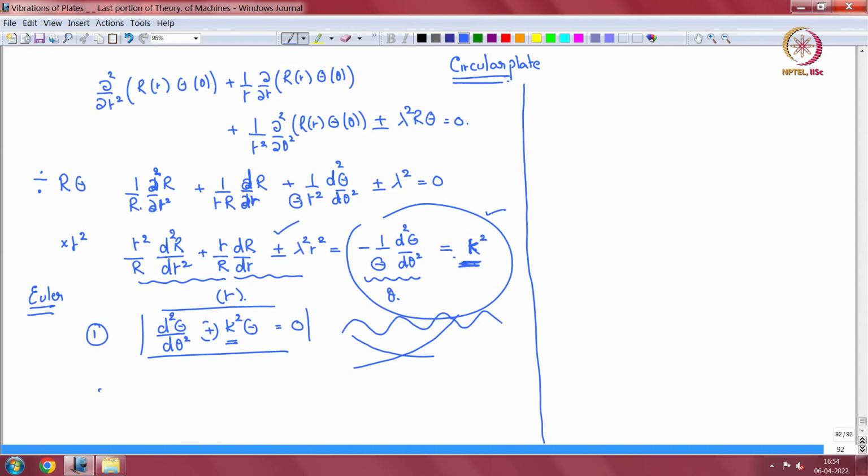We get d2r by dr squared plus 1 over r dr by dr plus or minus lambda square minus k square by r square r is equal to 0.